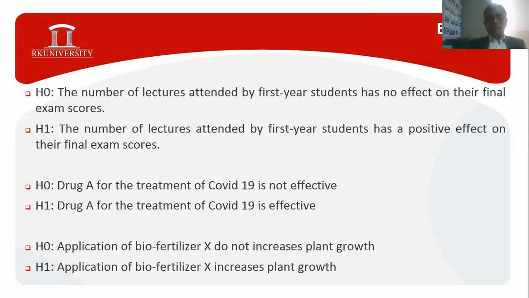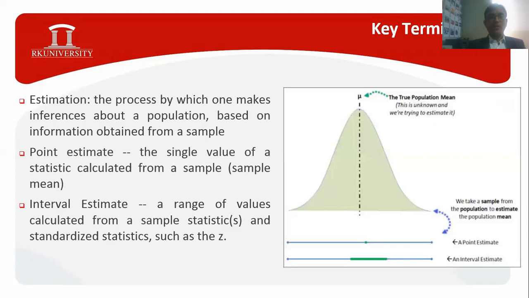Now let's learn some more concepts which are very important in this entire process of hypothesis testing as well as inferential statistics. One term which we came across is estimation. What do we mean by estimation? Generally in inferential statistics, we estimate population parameters with the help of sample statistics.